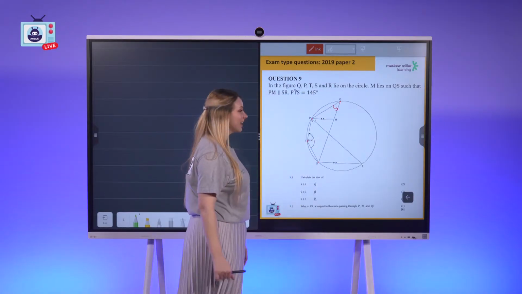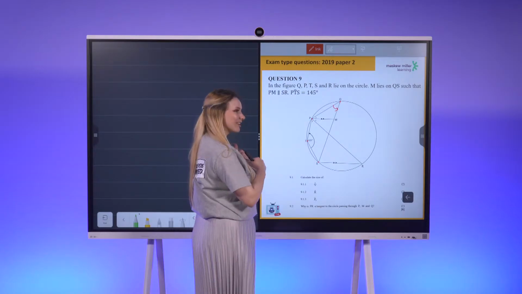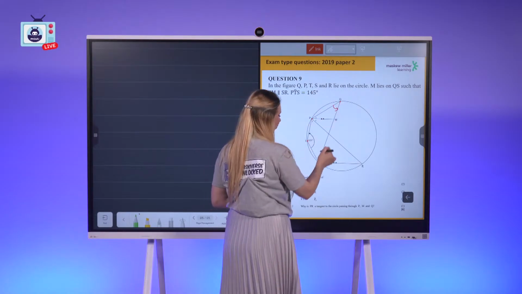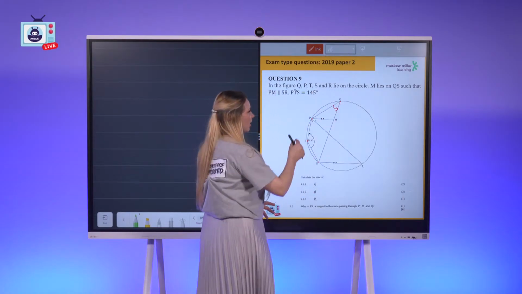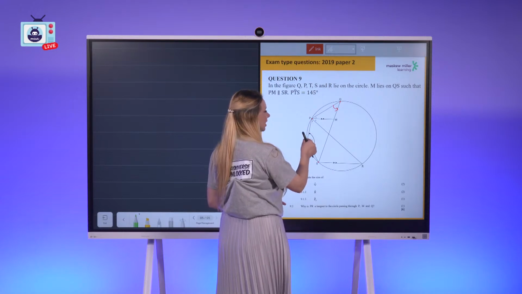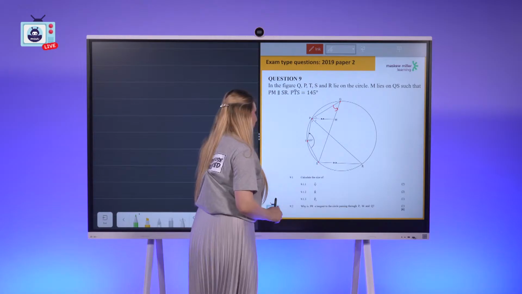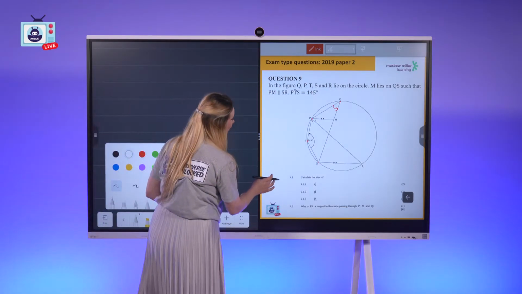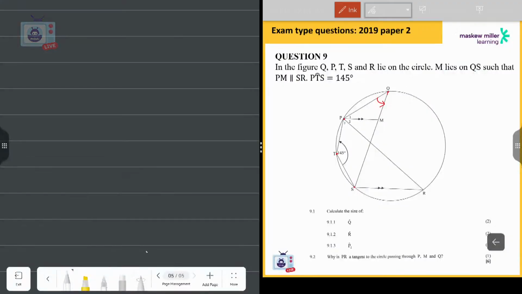As we can see, we had the cyclic quad PQST. We had to analyze it, and we can see that T, which was the given angle, 145 degrees, is in fact opposite to angle Q. So Q is equal to 180 degrees minus 145 degrees.